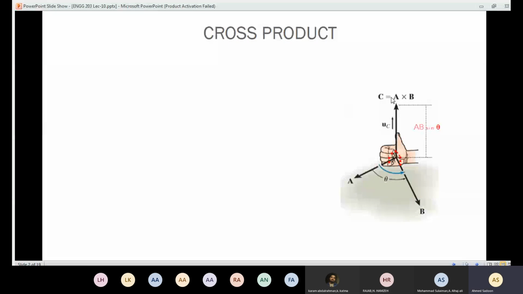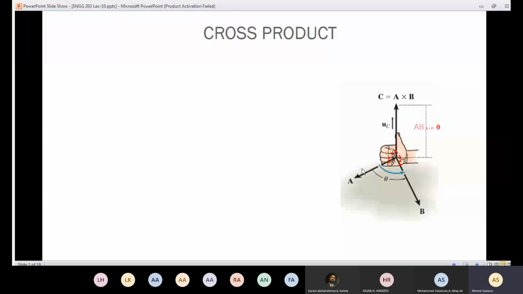And the direction of that new vector is going to be perpendicular to the plane AB. In order to know the direction, you need to use the right hand rule.